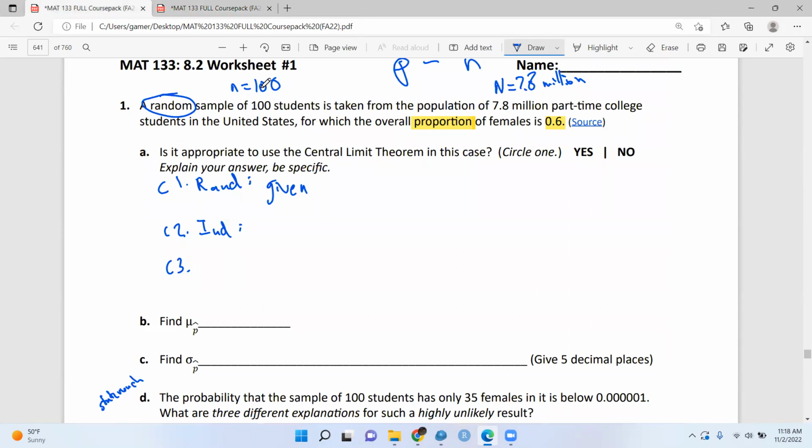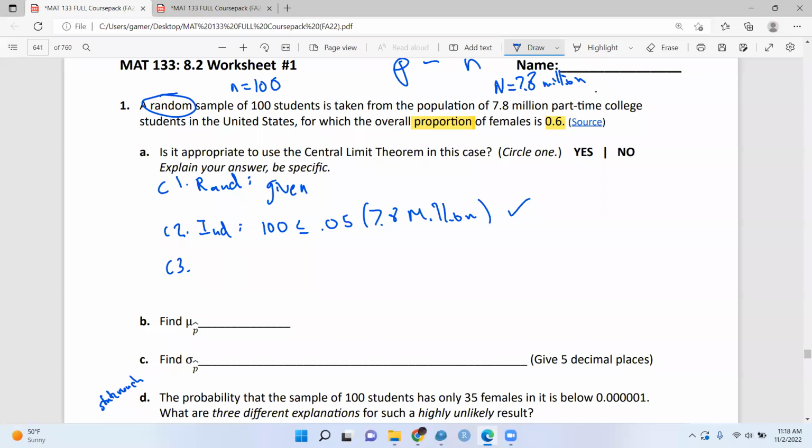And I think we noted that this is a rare time that we're told the population size. So did you all write 100 is less than or equal to 0.05 times 7.8 million? And then just note that's good. You don't have to do that calculation.